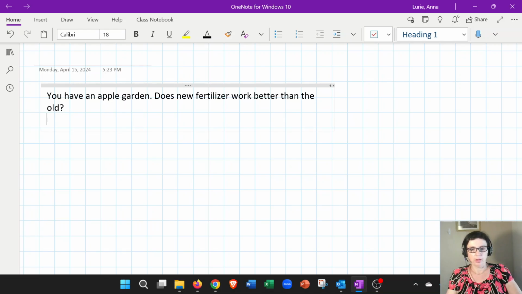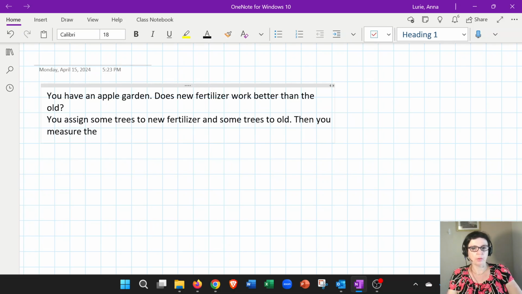So you assign some trees, maybe at random, to new fertilizer and some trees to old. Then you measure the yield. Now, question: is this an observational study or a designed experiment?